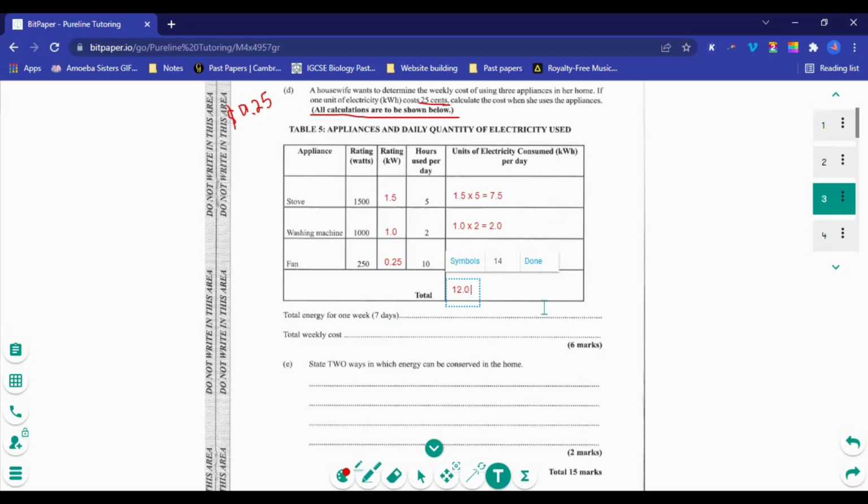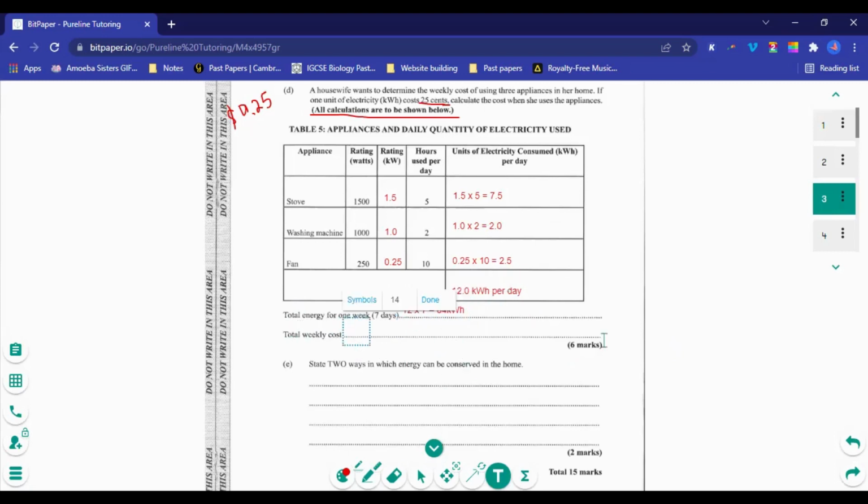So remember that this is per day. At the bottom here, we have to figure out how much is used in 1 week, which is 7 days. So that is going to be 12 multiplied by 7, which is going to give us 84 kilowatt hours.